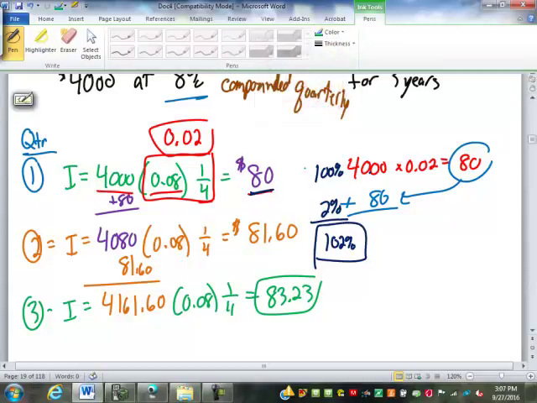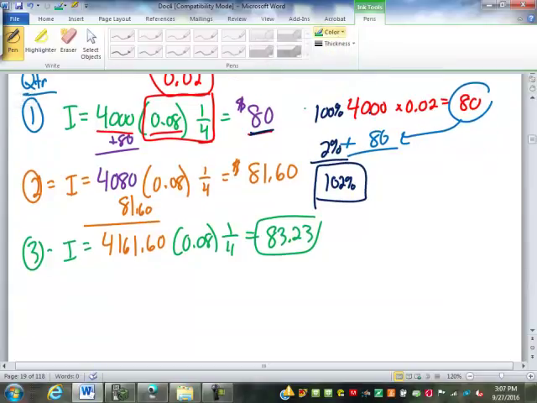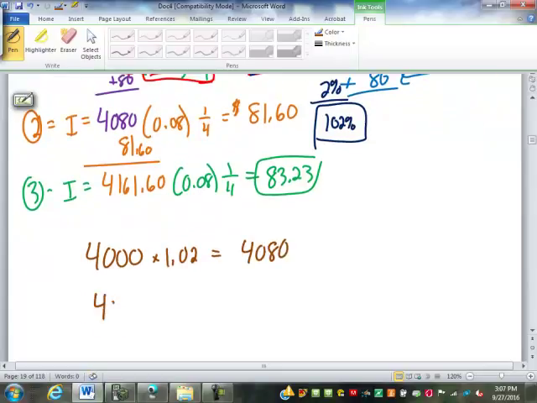Let's take a look at that here. If I start with 4,000, now 102% is what as a decimal? 1.02. I get 4,080. If I take that 4,080 and multiply by 102%, 1.02, I get $4,161.60. That's giving me my balances here.